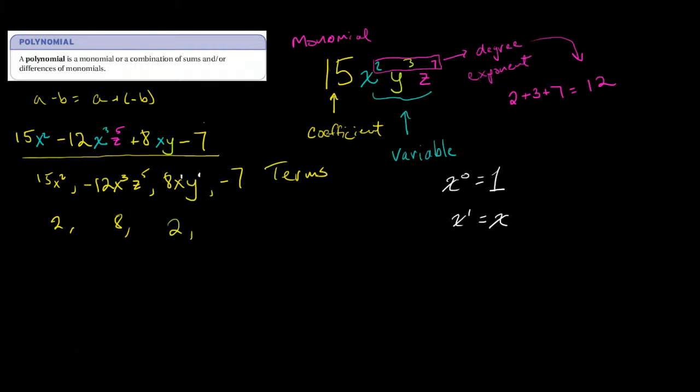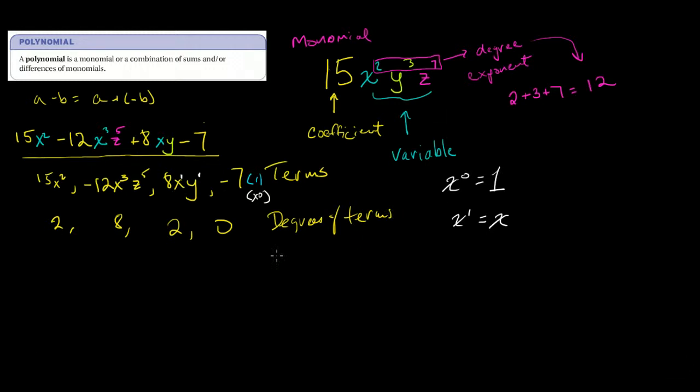And here, remember, any number is like saying that number times 1. But another way of saying times 1 would be to say times x to the 0 power. And so my degree of that last term there is 0. So these are my degrees of terms.